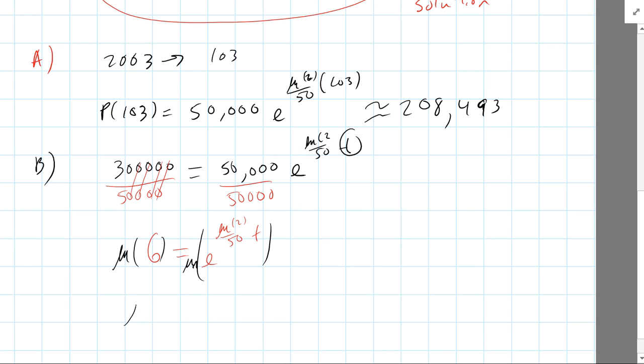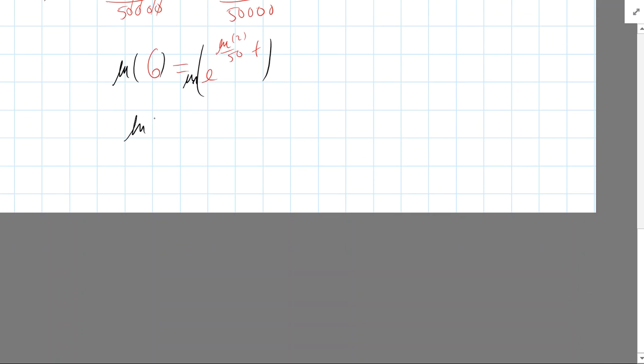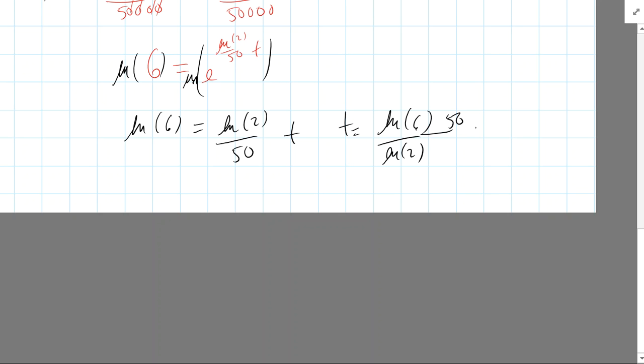So I get natural log of 6 equals natural log of 2 over 50 t. So what does t equal? Natural log of 6 over natural log of 2 times 50, which is about 129 years.